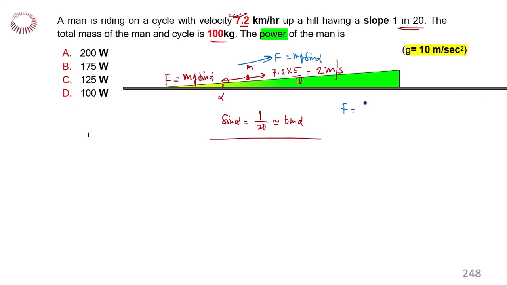M is given as 100 kg. 100 into g, which is 10, into sine alpha, which is 1 by 20. So 1000 by 20 is 50 Newton. What is the power delivered? That is 50 into 2, since power is equal to force into velocity. That is 100 watt. That is your answer.